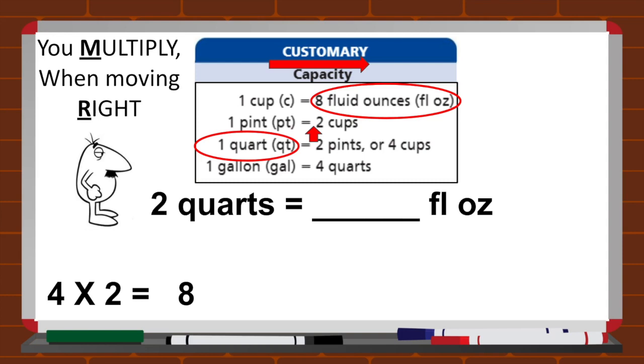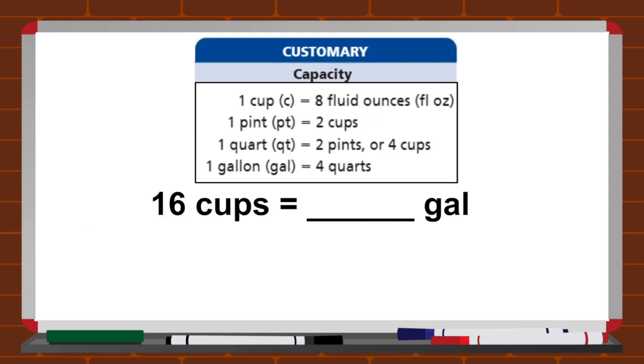This is going to give me 8. We have that number now, and we still have to climb one more level. So you will notice we're climbing that last level. And 8 times 8 equals 64. So 2 quarts is equal to 64 fluid ounces.